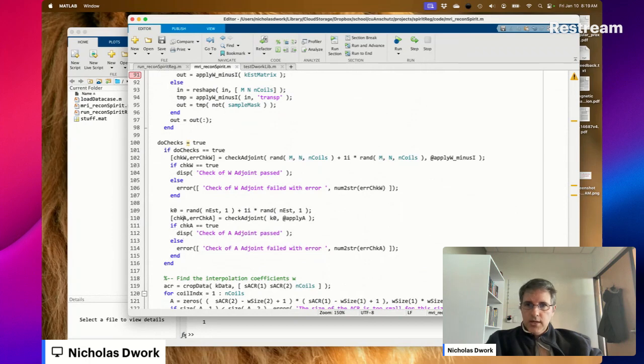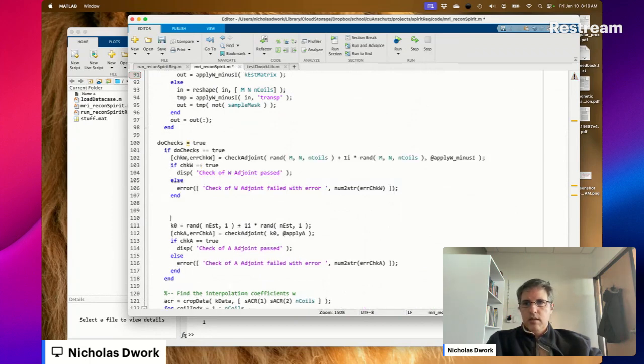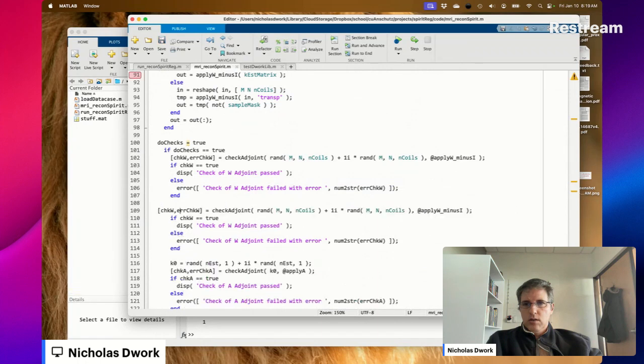Let's check the adjoint of W minus I. Oh, it looks like I just did.